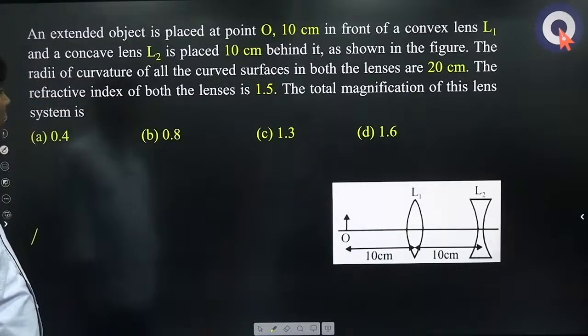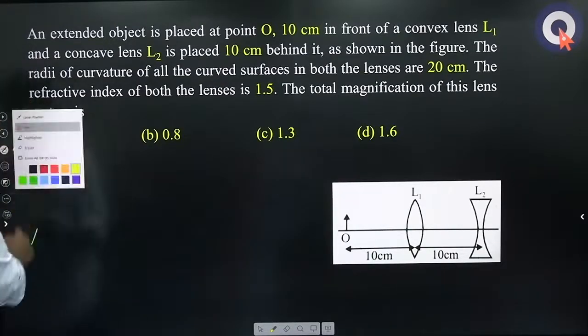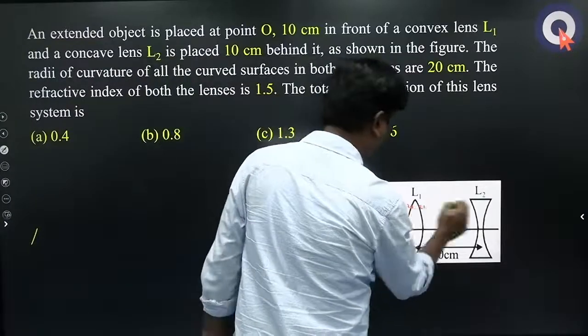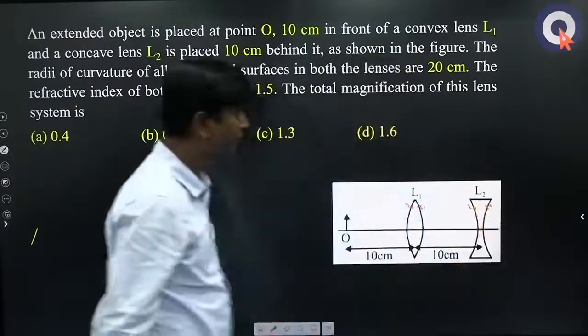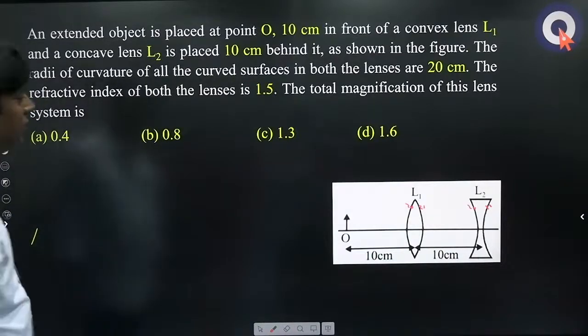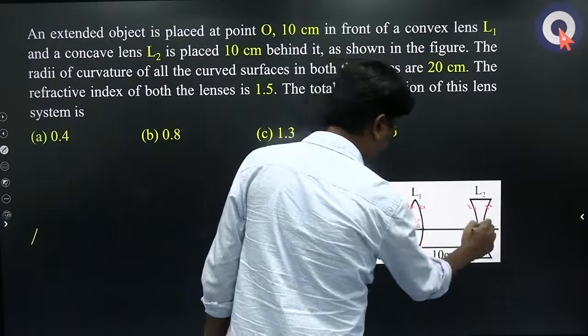The radius of curvature of all the curved surfaces is 20. So this is also 20, this is also 20, this is also 20. And the refractive index of both the lenses is 1.5, so take 3 by 2. This is also 3 by 2.